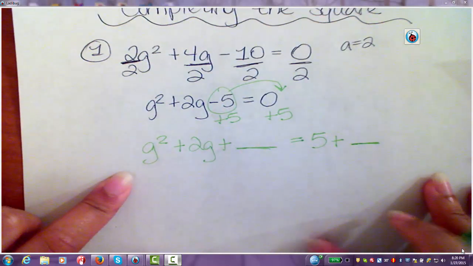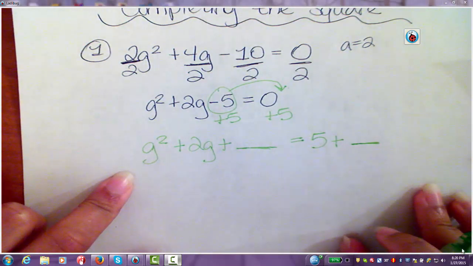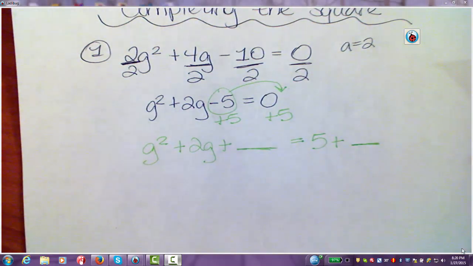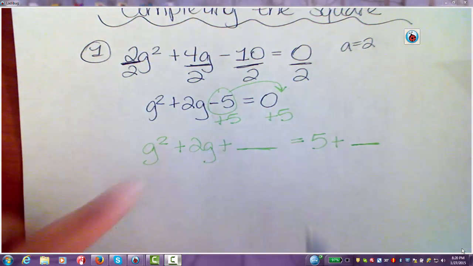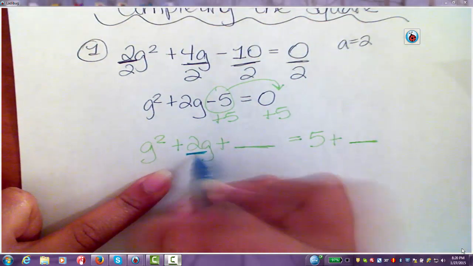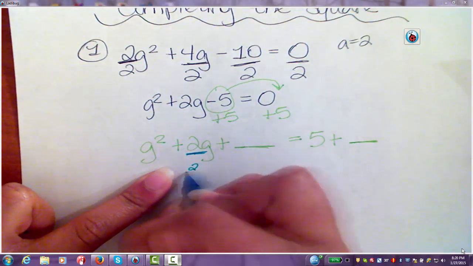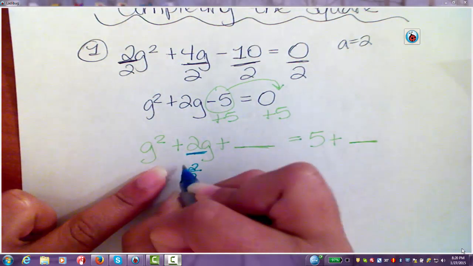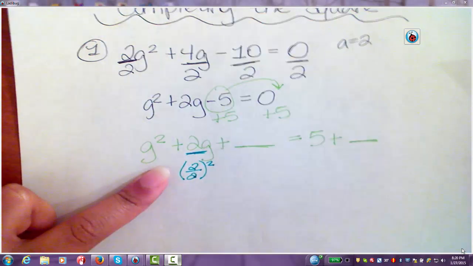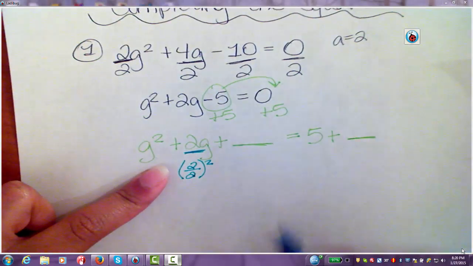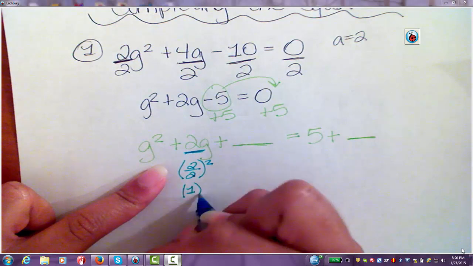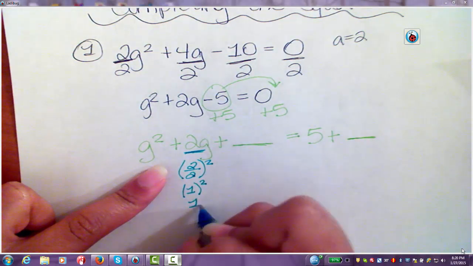So now we have to figure out what goes in the blanks. To do this, we take half of our b term. Our b is 2, so we divide 2 by 2 and square it. 2 divided by 2 is 1. 1 squared is 1.